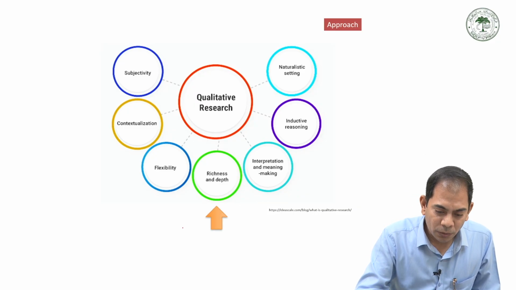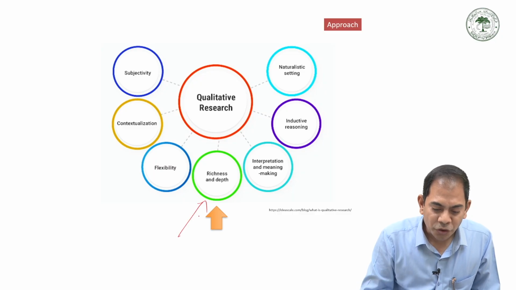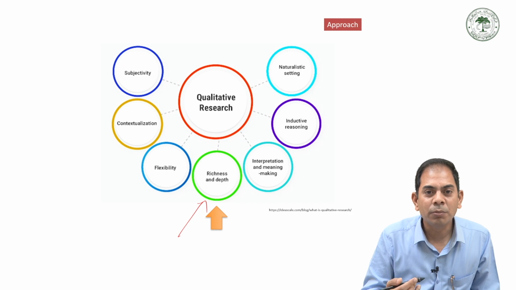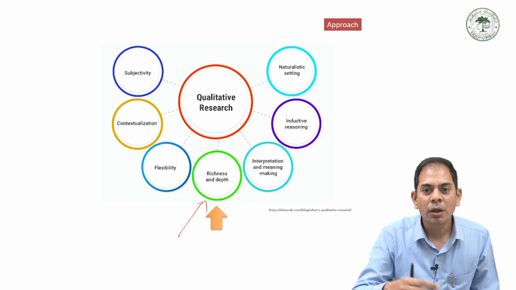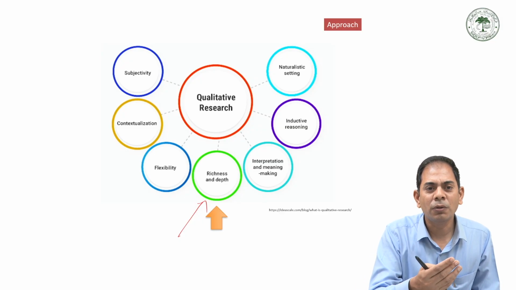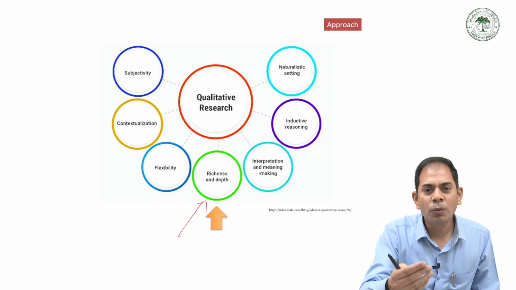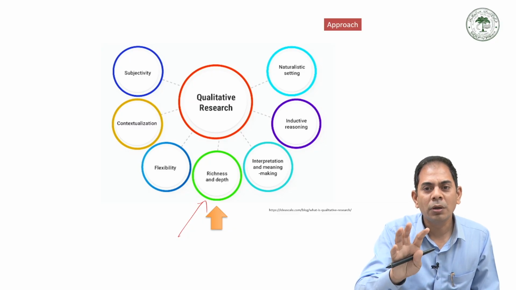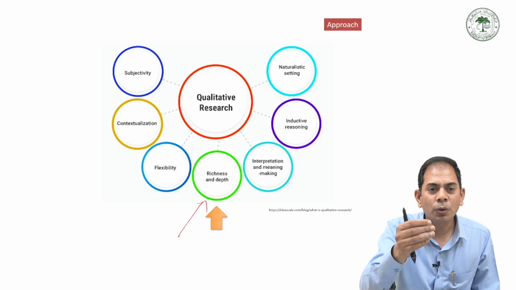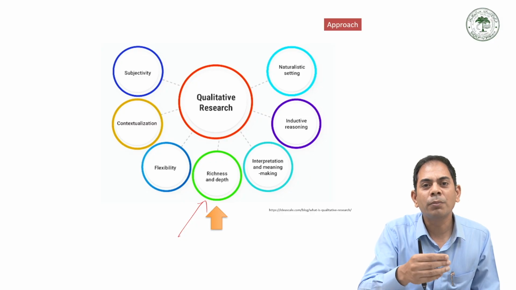Next is the richness and depth of qualitative research. What do richness and depth mean? Collecting detailed, meaningful, and comprehensive information about a person's experience, feeling, opinion, and behavior. The goal is not just to get a short or simple answer, but to understand a topic deeply and clearly from different perspectives.